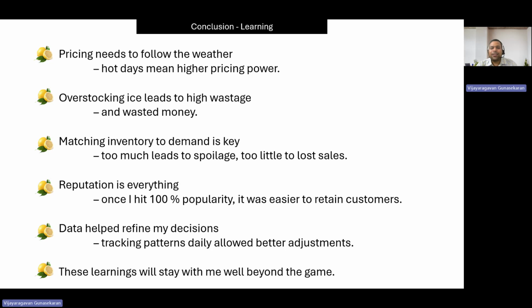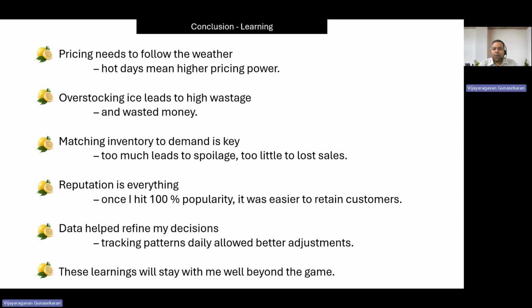All these parameters are data driven, which we track on a daily basis, and we need to be in a position to adjust to make maximum profit out of it. These are the learnings that I have had with respect to the Lemonade simulation game.